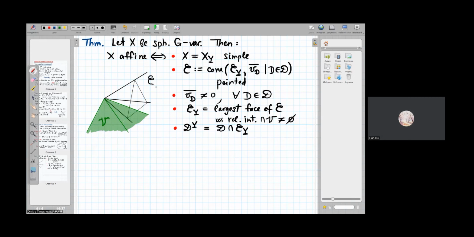So the cone C is generated by all vectors in the cone Cy, so that Cy is the largest face of C and all colors, the largest face of C whose relative interior intersects the evaluation cone.